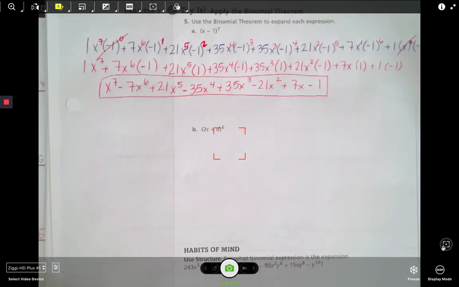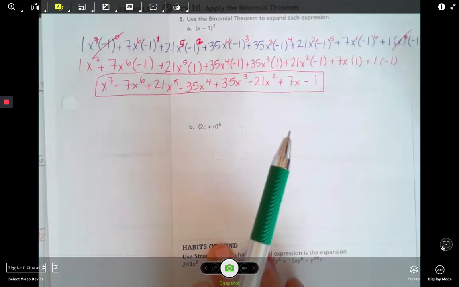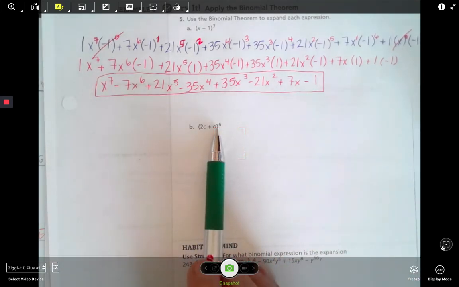I'm going to do the same thing with the second one. I'm going to start it out here so that I have enough room. But what row are we going to be using for this part B? The 6th row.